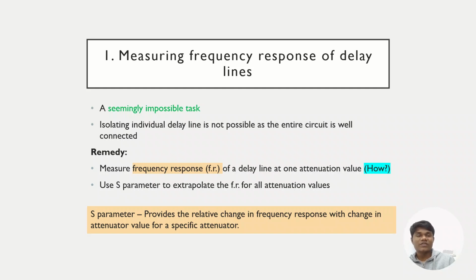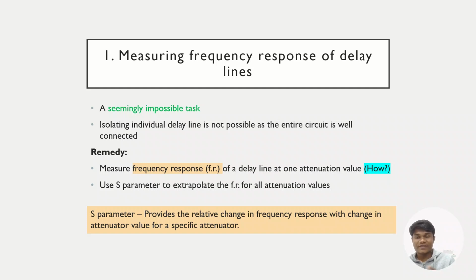Now, how do we measure the frequency response of the delay lines? It seems like an impossible task because the entire circuit is connected. How do you get the frequency response of that single delay line? A simple solution is that we measure the frequency response of a delay line at one attenuation value. We do that somehow, I'll tell you. And use something called the S parameter to extrapolate the frequency response for all attenuation values.